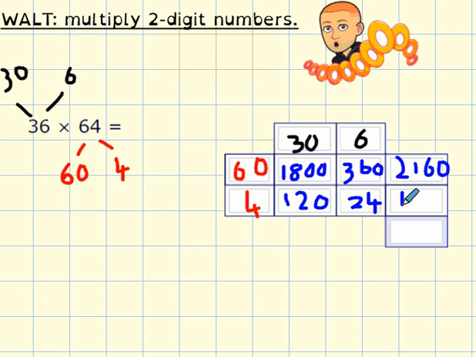It would be 144. Once I've got my two numbers here, I then need to add them finally to give me my answer to my original calculation.